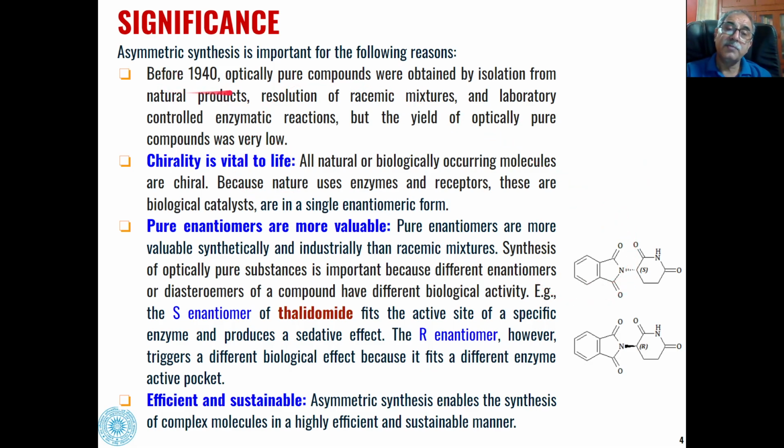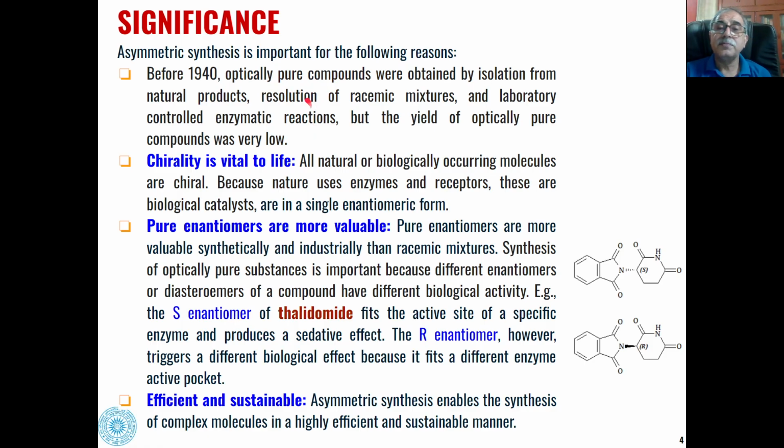As far as before 1940 is concerned, these chiral compounds or optically pure compounds were generally obtained by isolation from natural products, or the racemic mixtures of these compounds were resolved through very difficult methods to obtain the pure asymmetric products. Or we used laboratory controlled enzymatic reactions for the synthesis of these optically pure compounds.